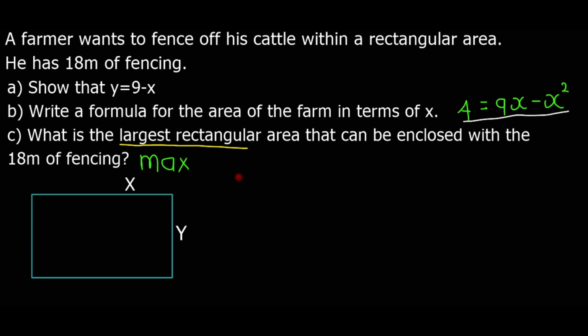So here I have a equals minus x squared plus 9x. I want to write it in the form of a quadratic, ax squared plus bx plus c. From there we complete the square, and we know that we do not want the coefficient to be any number other than 1.